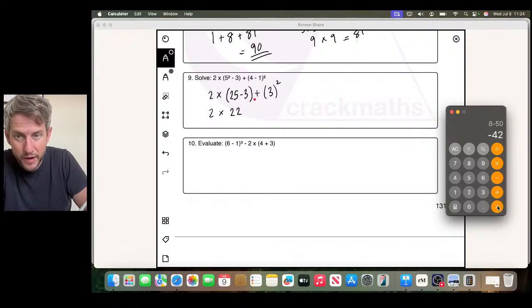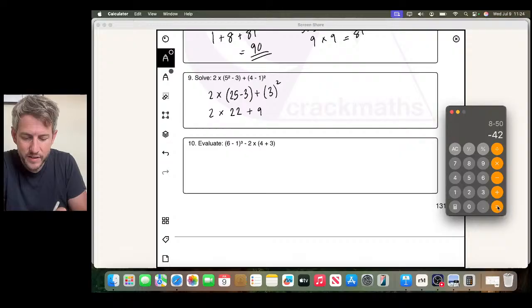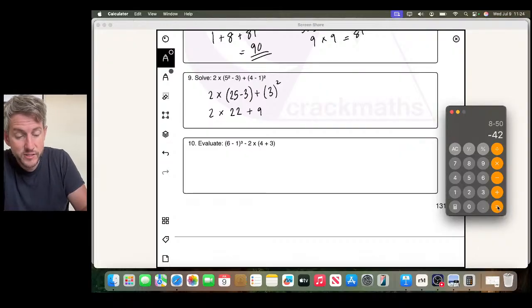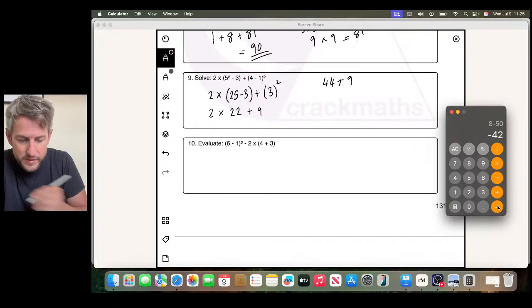And then plus 9, and then we've got to do the multiplication next. 2 times 22 is 44, so we've got 44 plus 9, and then that will equal 53.